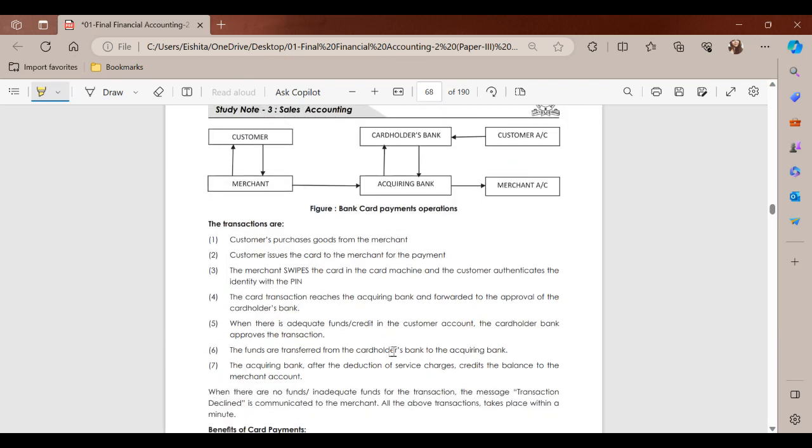The transactions are: customer purchases goods from the merchant, customer will give the card to the merchant for the payment, the merchant swipes the card in the card machine and the customer authenticates the identity with the PIN.